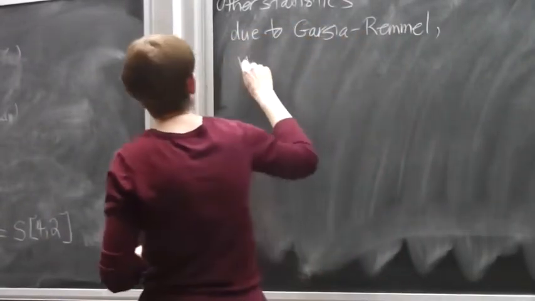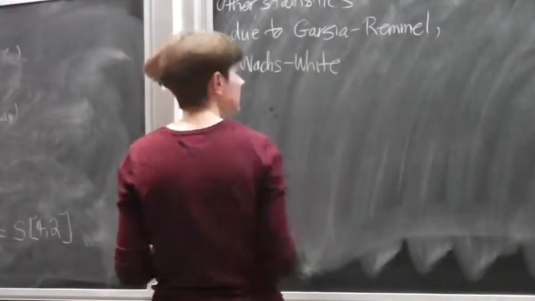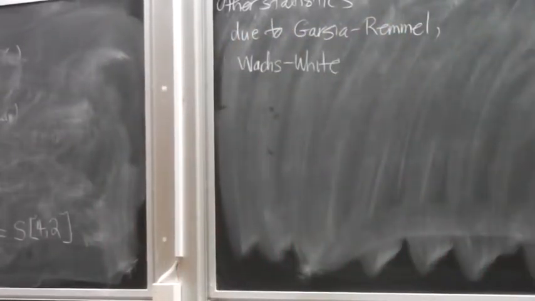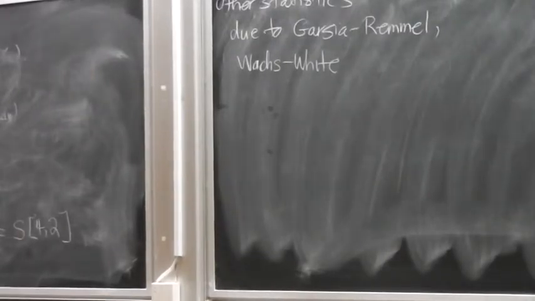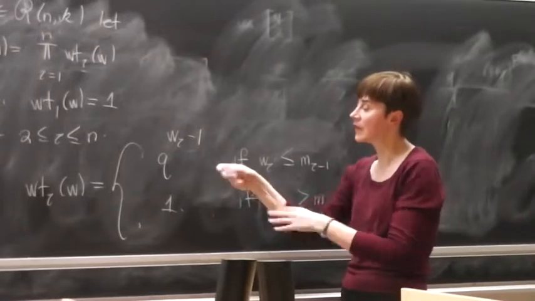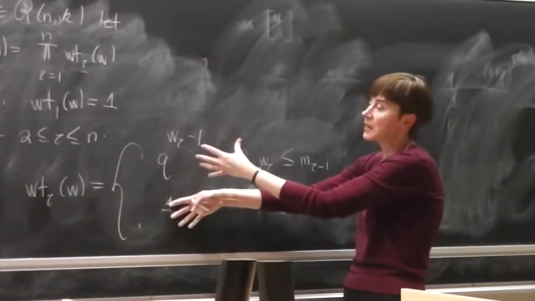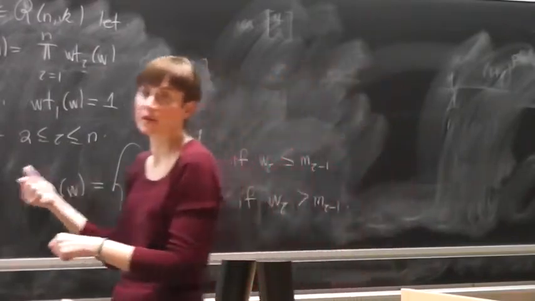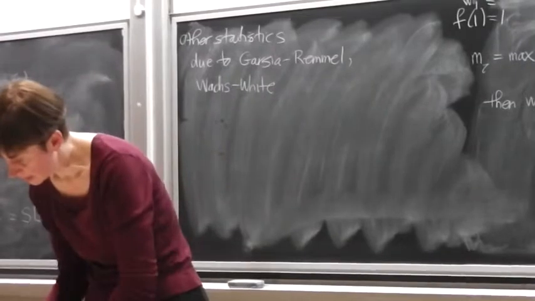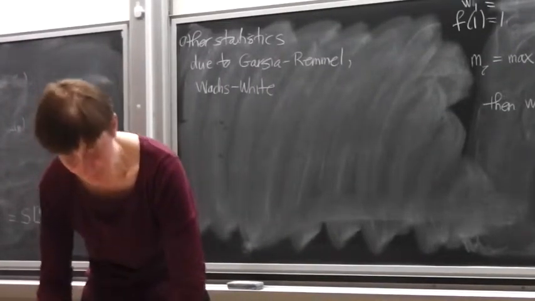Wachs and White. Wachs and White have lots of statistics, not just one. In fact, this statistic I described is very close to a statistic they call the LS statistic. They actually do this computation for every element. They don't have this case, so they always just take whatever your entry is minus 1. So the difference is going to be just a factor of q to the k choose 2. And then who's the other one? I forget. Don't remember. Oh, Milne.